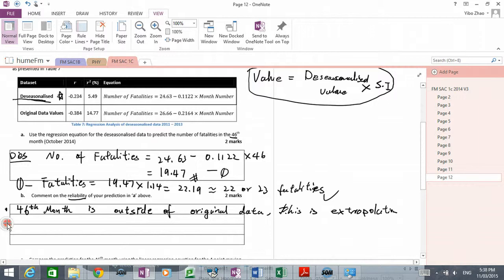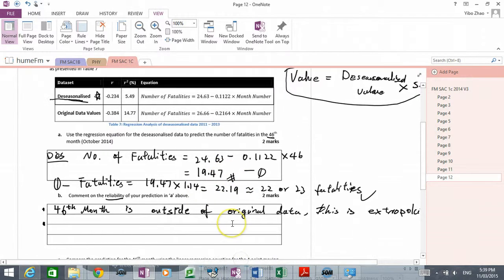Next, discussing the reliability of seasonal values, we need to talk about the indexes, the indexation.